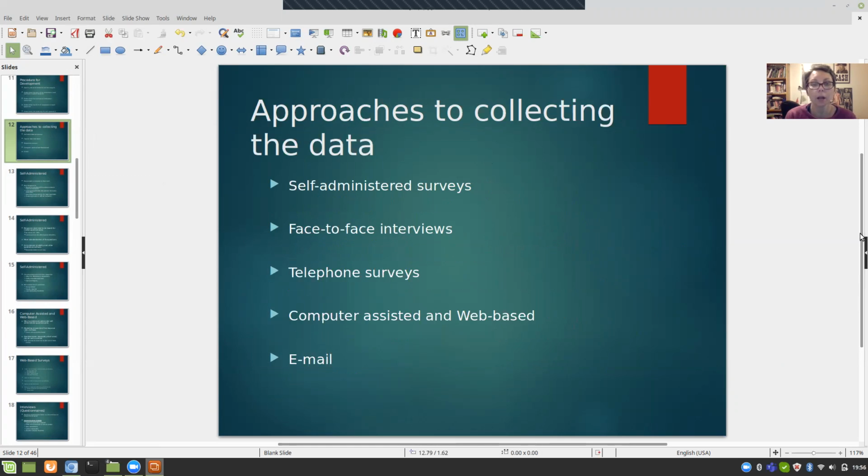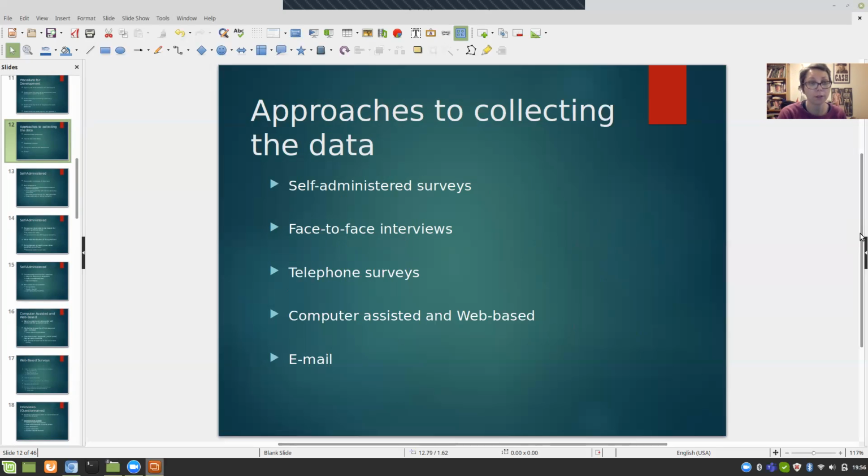And I just wanted to talk briefly about different approaches to collecting the data. I've already sort of mentioned this, but these are just the different ways that you could potentially administer your questionnaire. Self-administered can be really common. All of these different types of administration have their advantages and disadvantages.